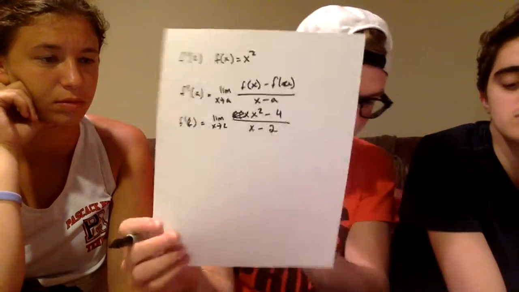And then we solve, and we get x plus 2 times x minus 2. What he's doing is factoring. He's factoring x squared minus 4, just so you know.